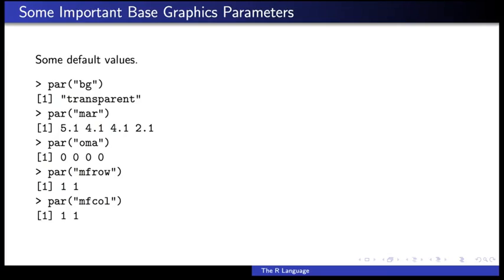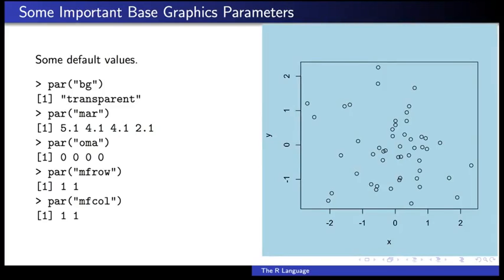For bg, you have transparent, so this means that the canvas does not have any color on the background. You can specify a background color if you want, but this is, in my experience, fairly uncommon. The mar option specifies, again, the margins, and the way this works is that there are 4 numbers, and each number represents the size of the margin for a different side of the plotting region.